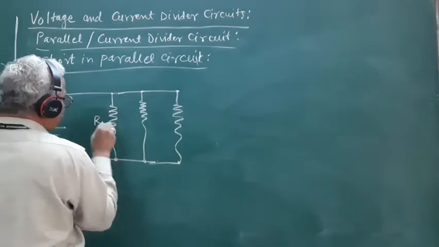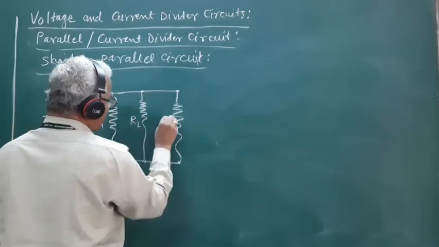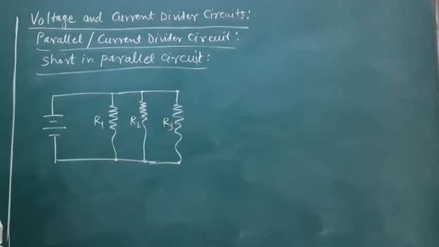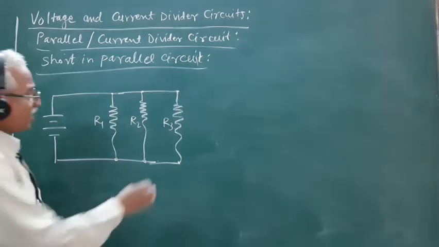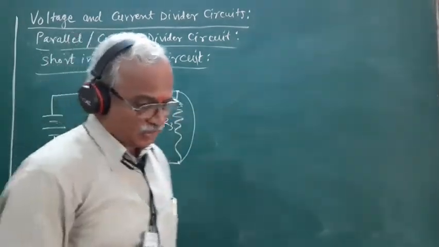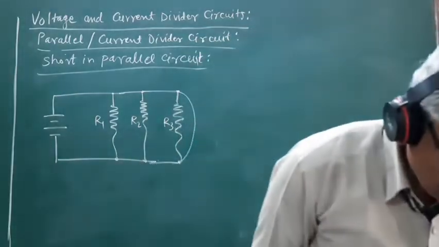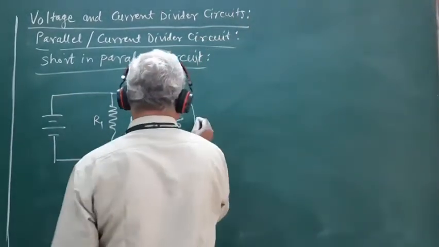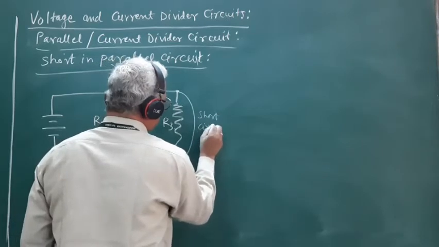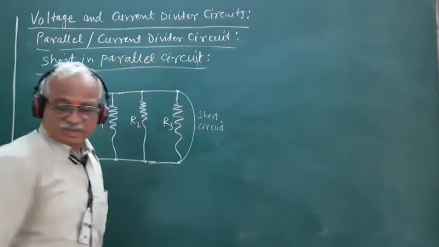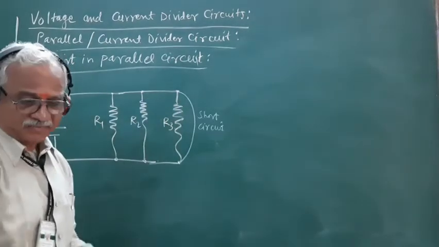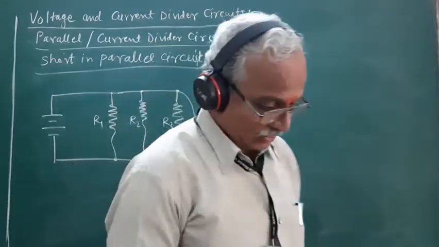This is R1, this is R2 and this is R3, and we have put a short across this resistance R3. If such a short is put across this resistance R3, what will happen?